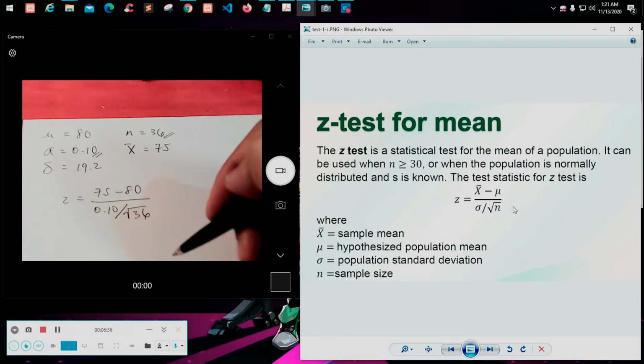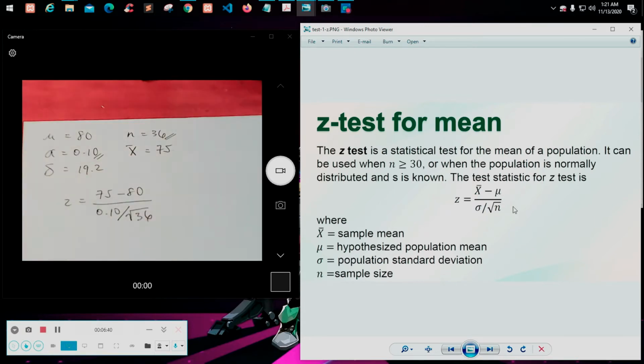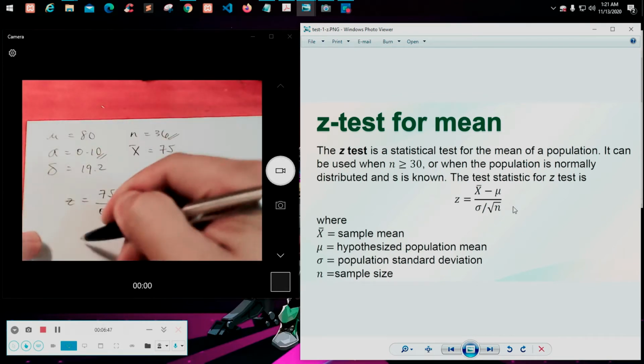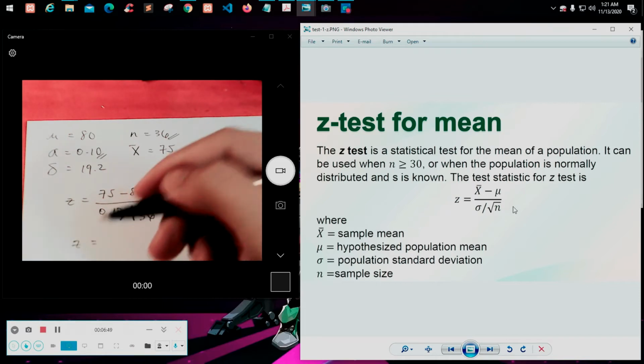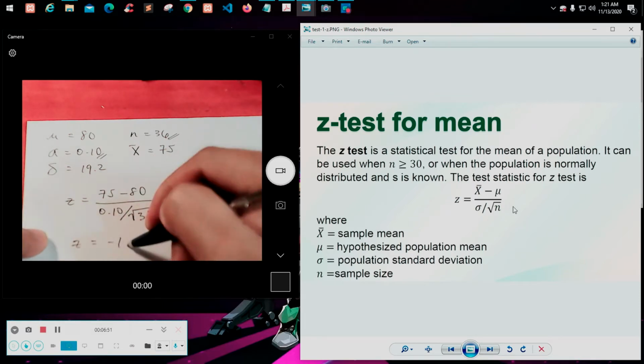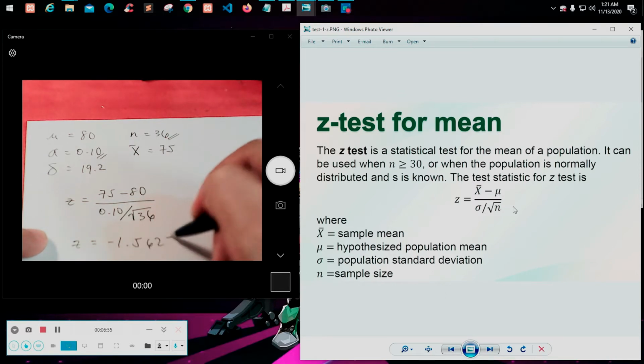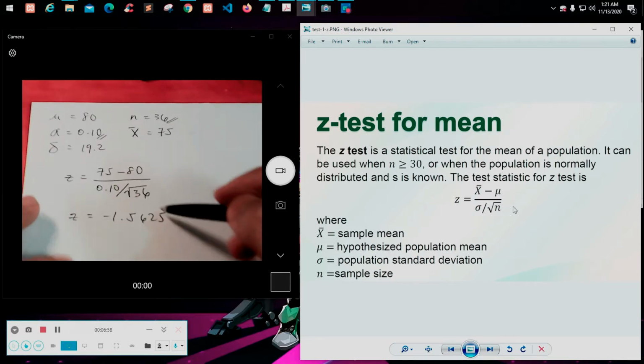So computing this in a calculator, z is equals to negative 1.5625. So this will be our z value.